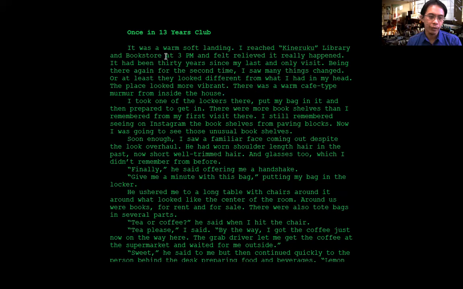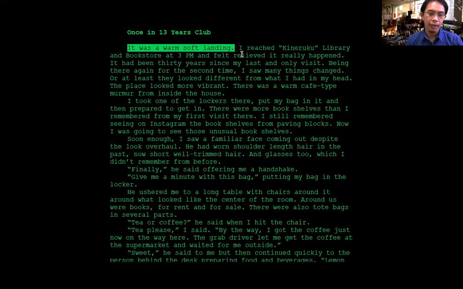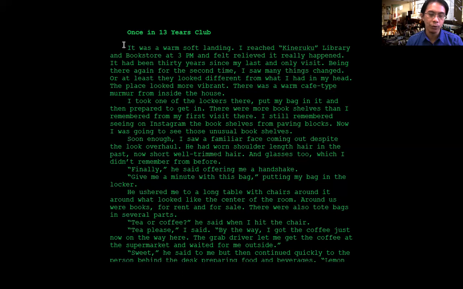I will show that this is the first sentence, which is the main sentence, and the rest are the supporting sentences. And hopefully, by looking at the first sentence only, you will get a sense of what I will be telling in the entire paragraph here.